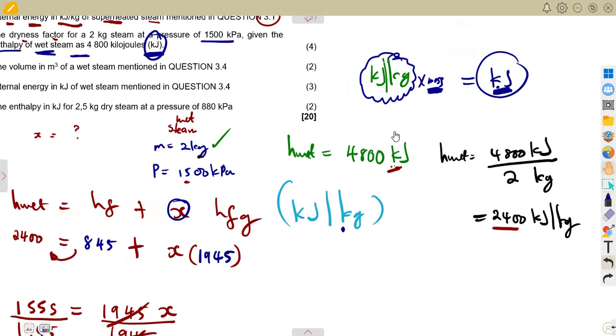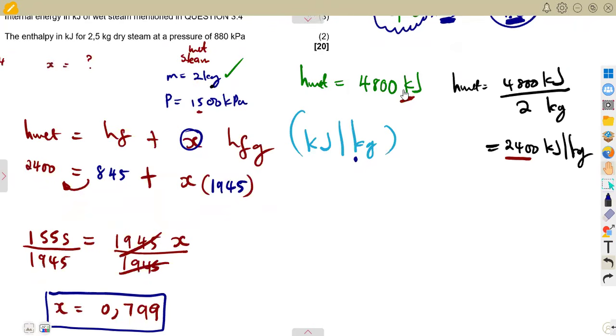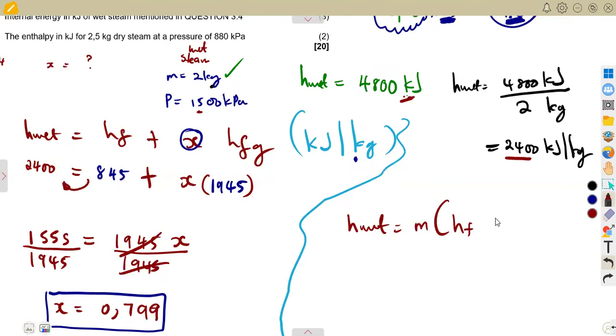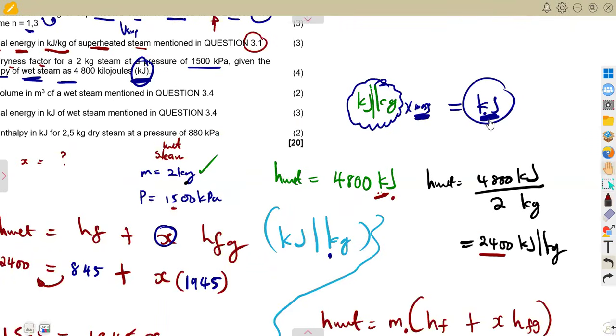So for us to use this H weight in kilojoules, it was given like this: H weight is equal to the mass times HF plus X HFG. This is where we multiplied by the mass. It means our answer becomes kilojoules, like what I explained here.